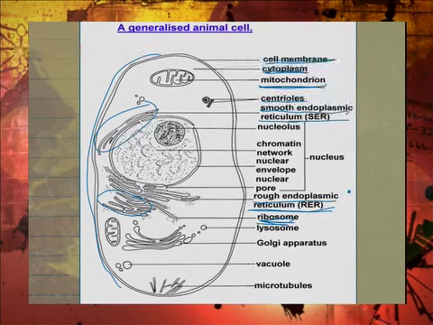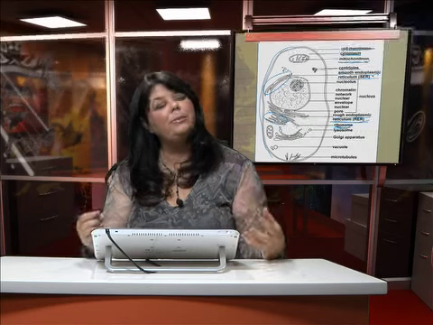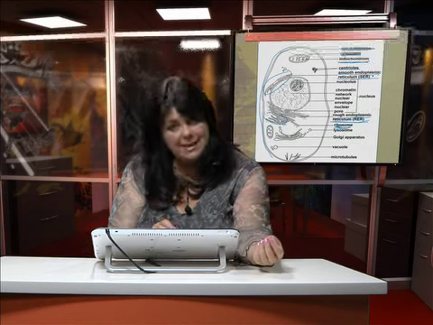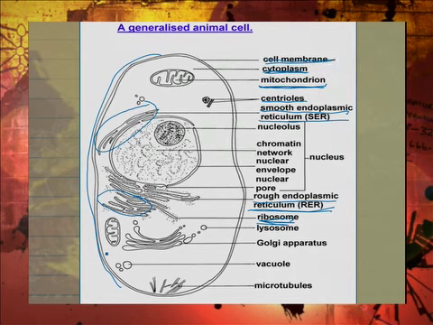So it makes sense that these two organelles are very often found associated with each other. If the endoplasmic reticulum does not have ribosomes associated with it, we say that it is smooth. It simply means that when we look at it under a microscope, it doesn't have the rough granular appearance that it does have if it's got ribosomes attached to it.